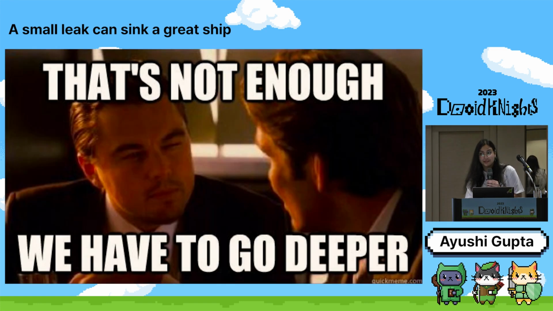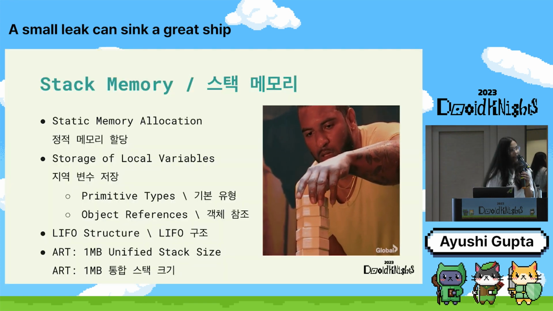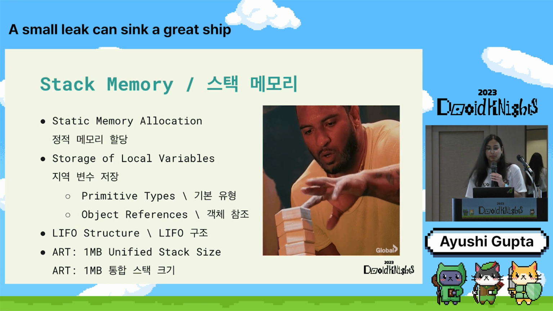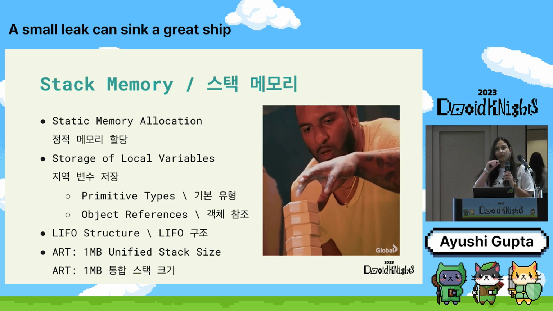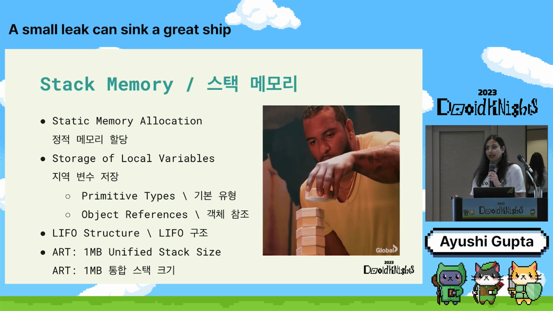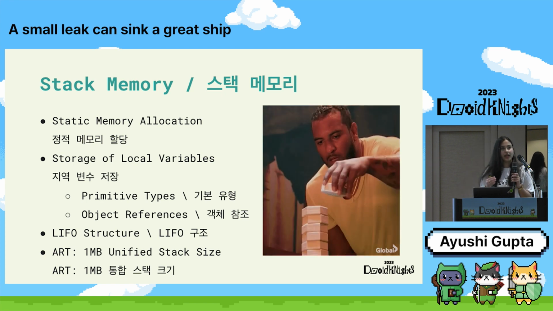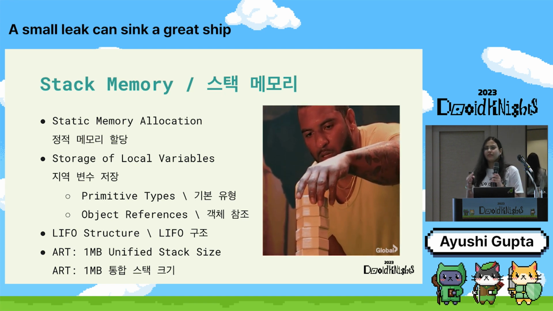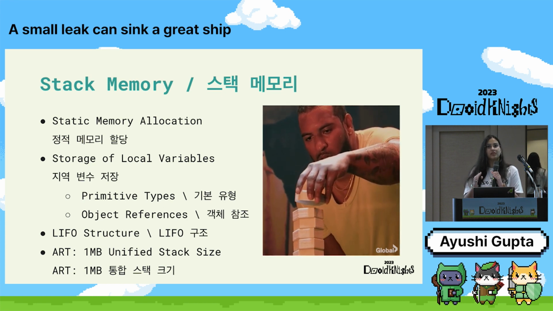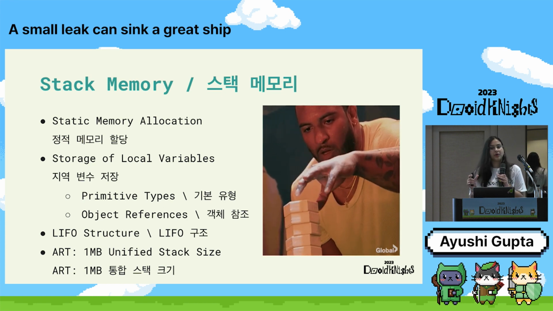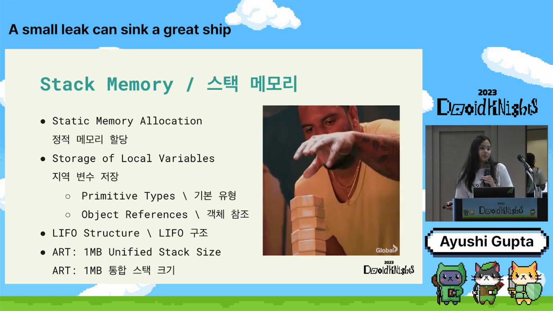But that's not enough. We have to go a bit deeper. So let's just have a wider look at stack memory. Stack memory is mostly used for the execution of a thread. So you can say it contains method-specific values, which are kind of short-lived, and even references to the other objects in the heap. So as soon as the method ends, that particular block becomes unused, and it becomes available for the next method.